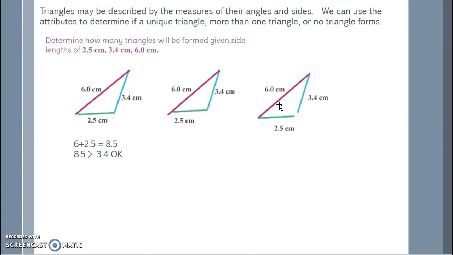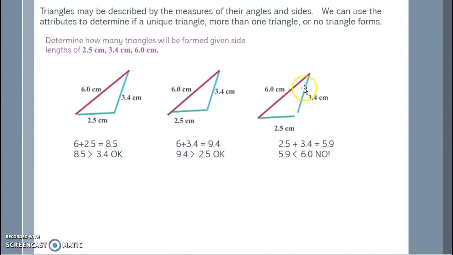So if I were to add together the purple and the blue and the green, we would get 8.5. So 8.5 is greater than the other length, 3.4, so that's okay. If I were to add the purple and the blue together, we would get 9.4, which is greater than the third length of 2.5. That's okay as well.